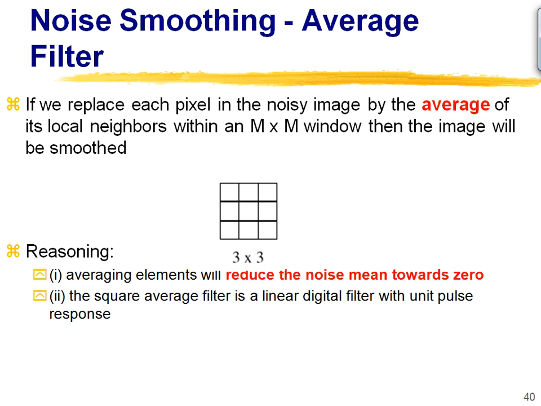Now, since this is my averaging operation, if I wanted to show it as an image of the same size as n by n, what would this guy look like? This is my 3 by 3, right? Here.